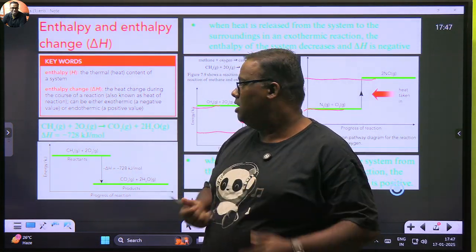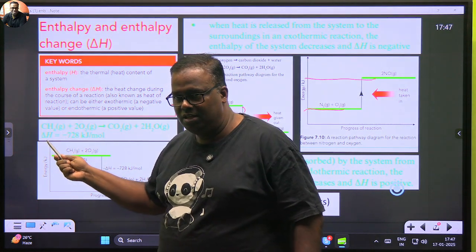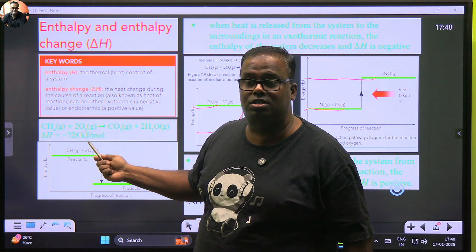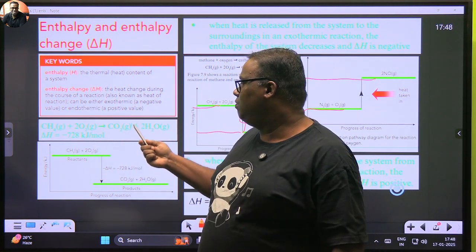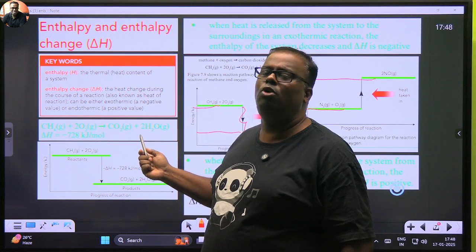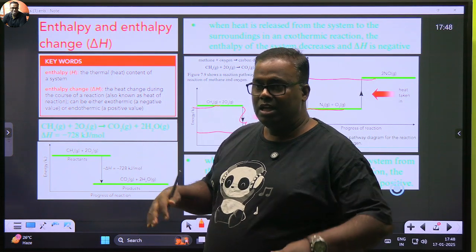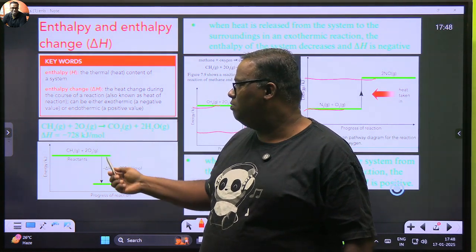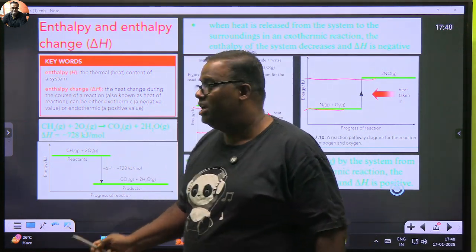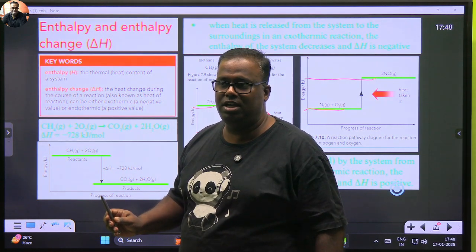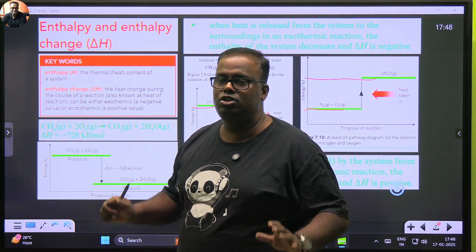What does it say? 1 mole of methane reacts with 2 moles of oxygen molecules, that is gas, to give you 1 mole of carbon dioxide and 2 moles of water vapor. During this burning process, methane's combustion will release an energy equivalent to 728 kilojoules. That is 728 into 10 to the power 3 joules.